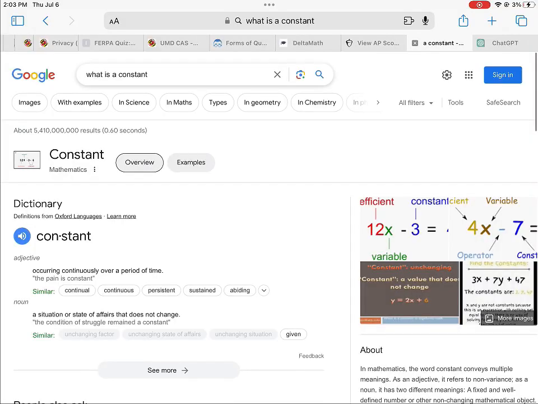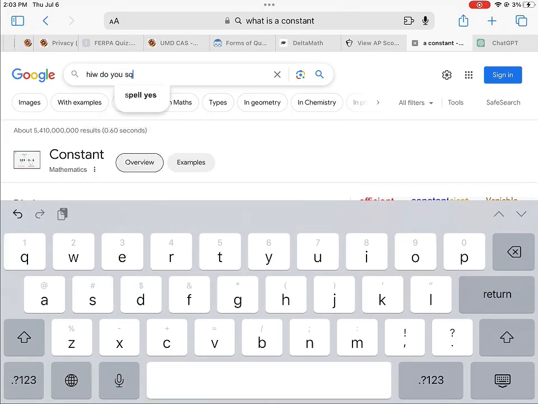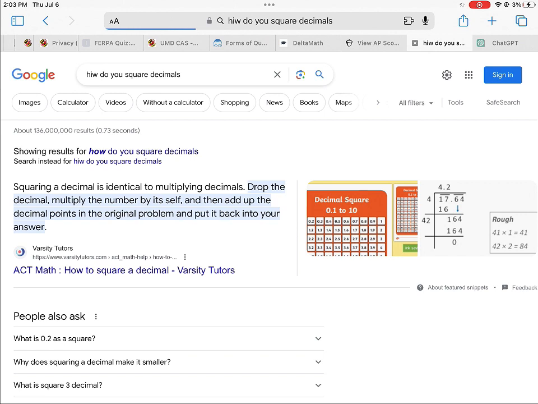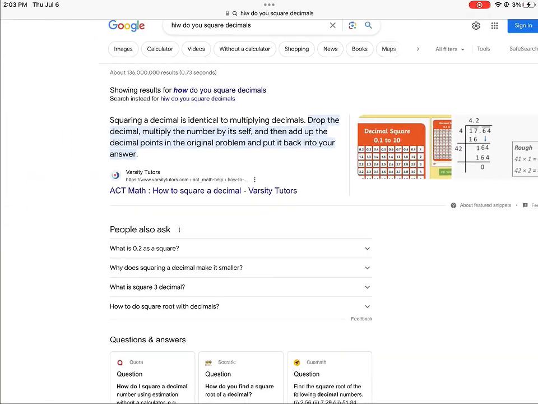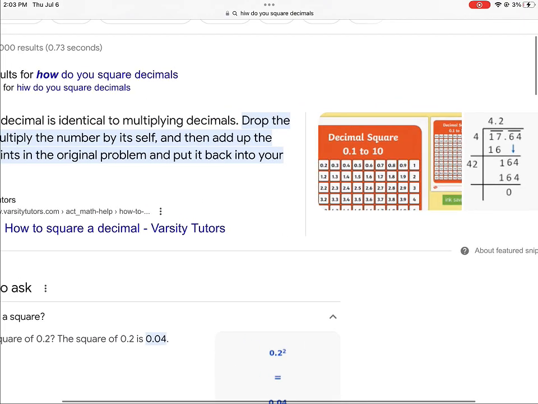Google is my friend. How do you square decimals? And then add up the decimal points in. Okay, that seems pretty easy. Wait, so ACT math, huh?